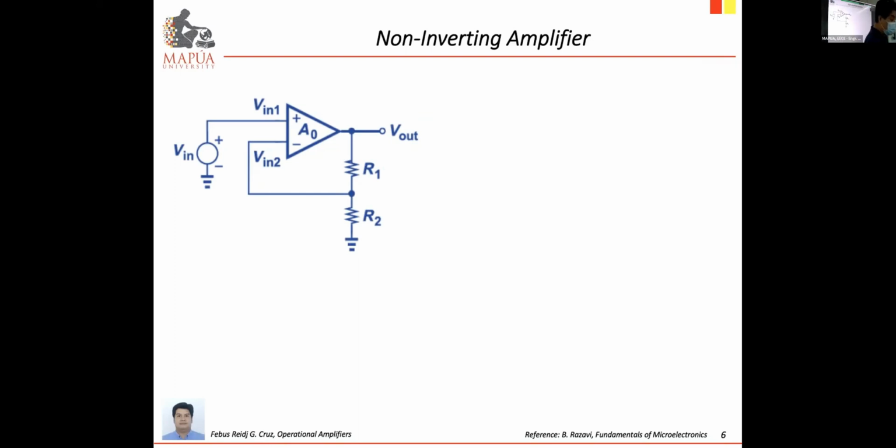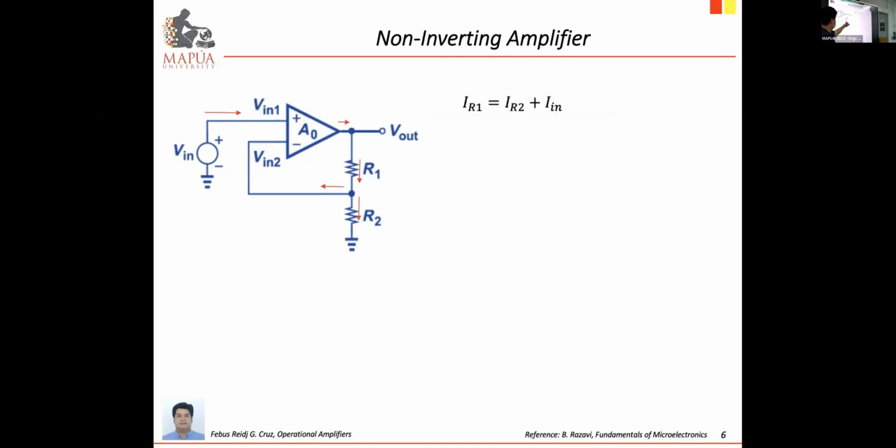To analyze the transfer equation, from the input we'll have the current going into the op-amp. Then some of that current will go out and return back to the input as the feedback current along R1, going back to the negative input. That feedback current will become input current to the negative input of the op-amp, and some will flow through R2.